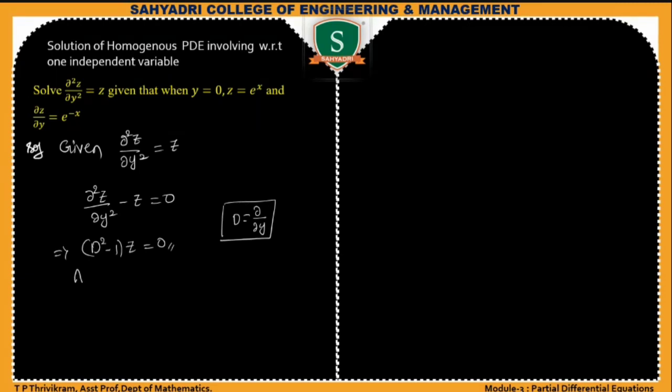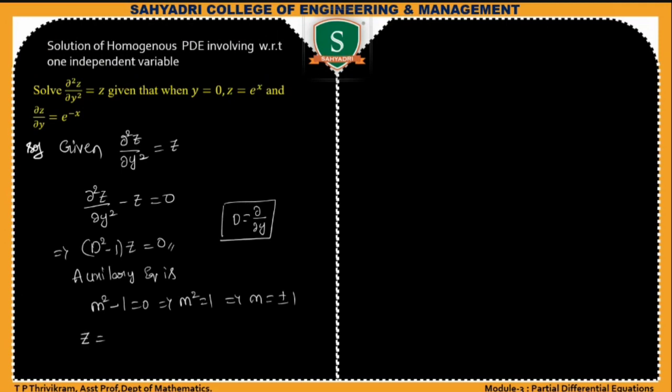So what is the auxiliary equation for this? The auxiliary equation is m square minus 1 equal to 0, which implies m square is equal to 1, so m is equal to plus or minus 1. Okay, so what is the complementary solution for this?